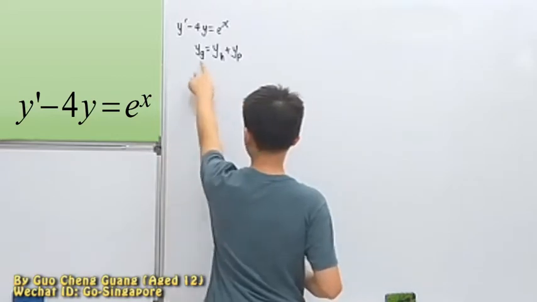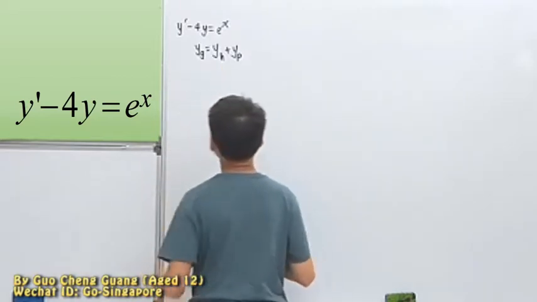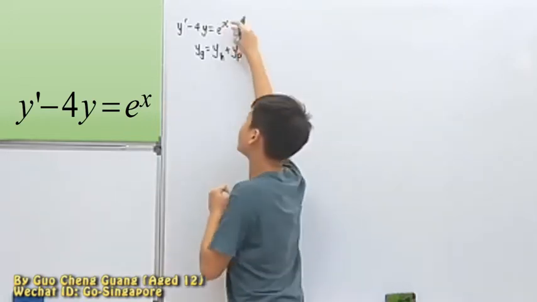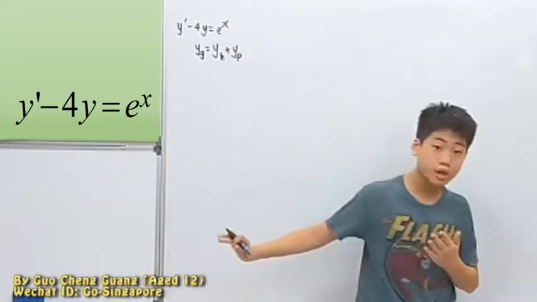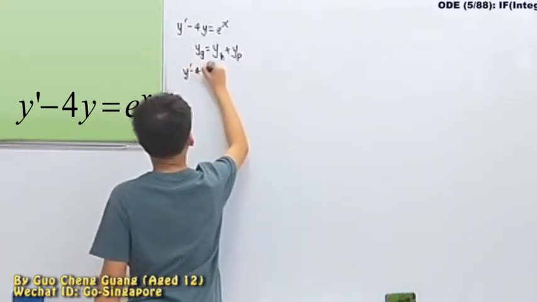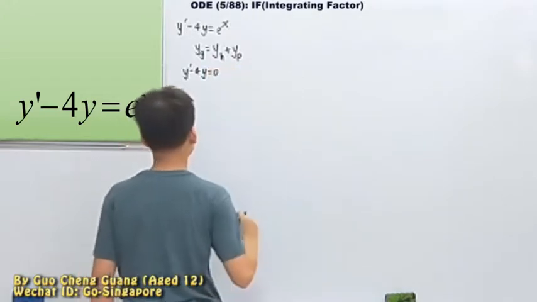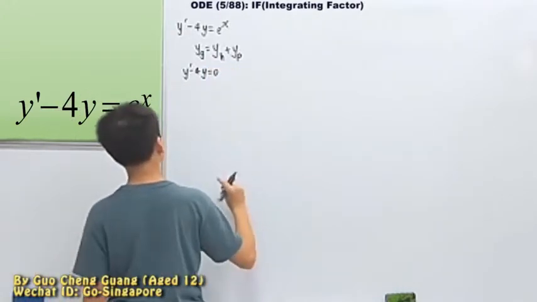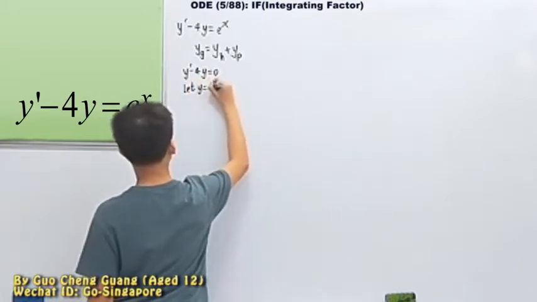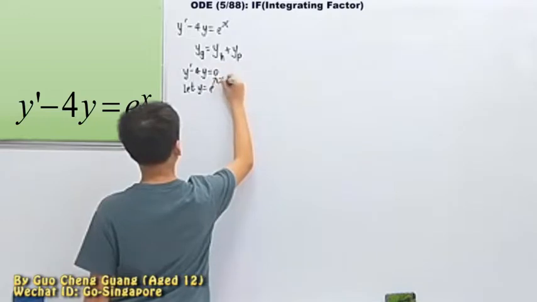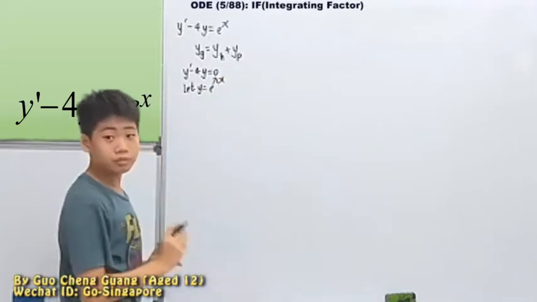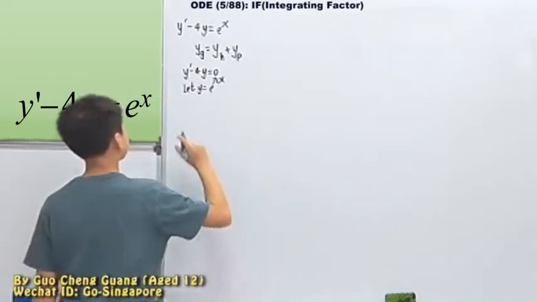For this first part, let's just take this part as 0. Then we should take this e to the power of x as 0. We just ignore that part. So that means it's like this. You can still write out that let, but for all those times, we have e to the power of lambda x, we can simplify those.